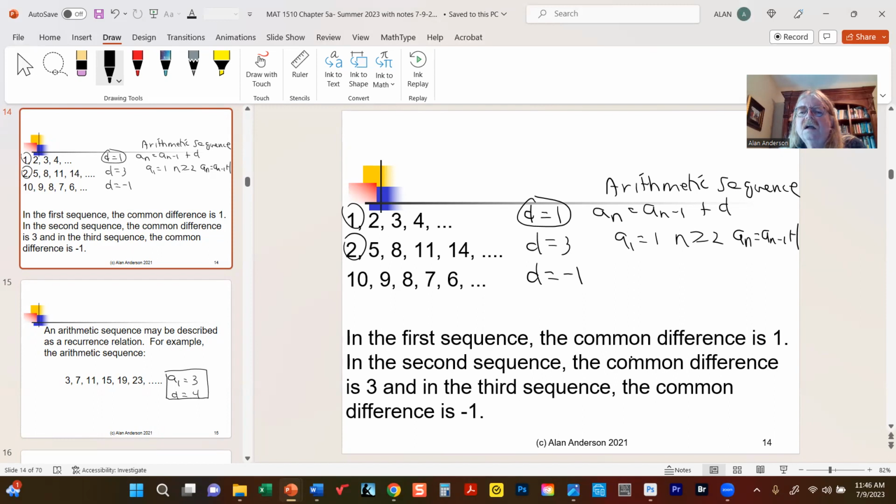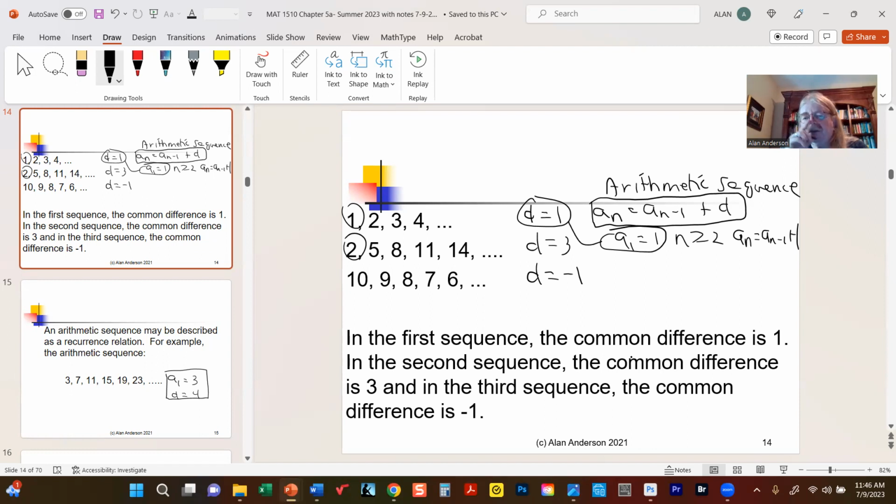So it turns out that with an arithmetic sequence, we can express it in a general form right here, where what it's saying is that, at least in this example, we specify the first term, and then for every term after that, a_n equals a_(n-1) plus the common difference of 1.